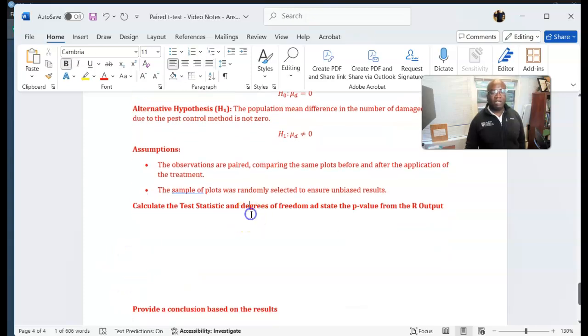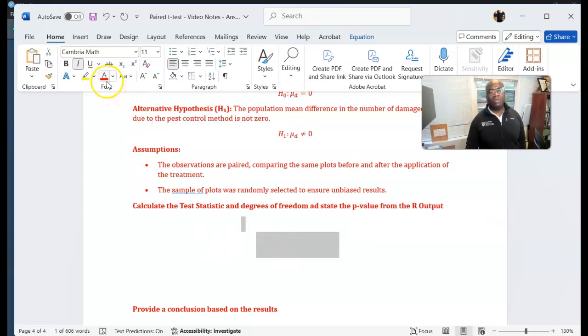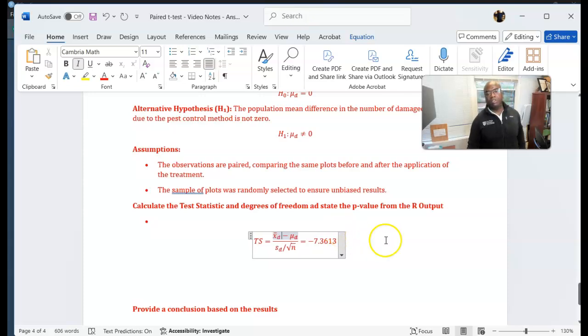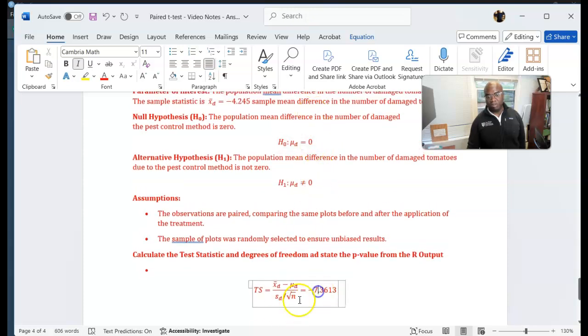And then in terms of our test statistic, it kind of reminds us of the one sample mean test, but instead this should be X bar D. It's the sample mean of the differences minus mu D, the hypothesized value, which is really 0, divided by S D over the square root of n, which is equal to negative 7.613.